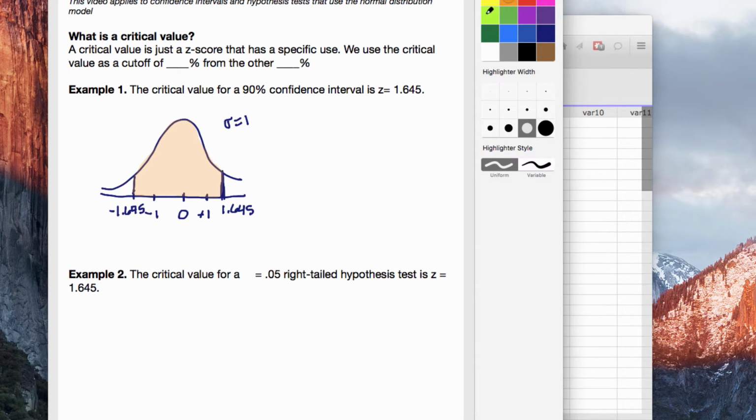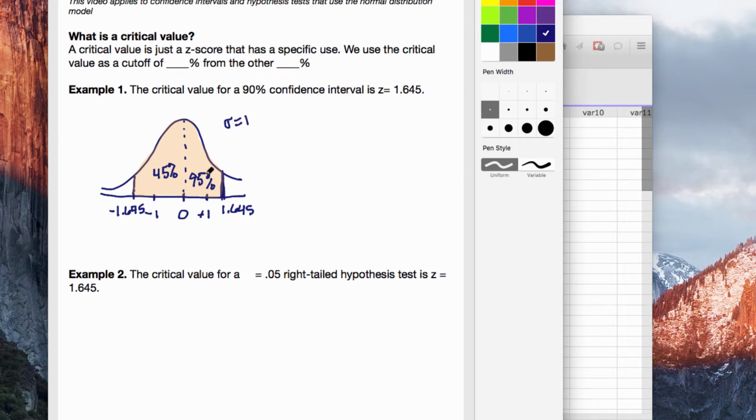So if we drew a line down the center right here at 0, 90% of your area goes in the middle. So that means that this half is 45%, and then this half here is also 45%. Now, if you keep doing a little bit of math, here's 100% of your data, or 100% of your area.